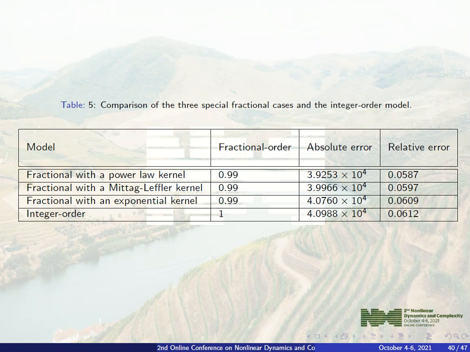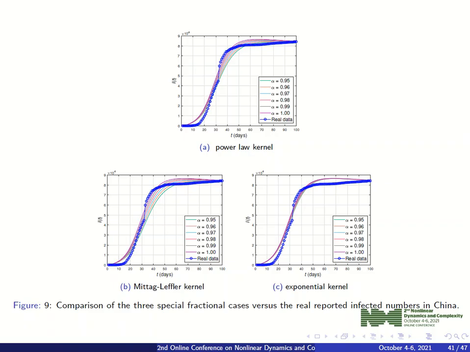Table 5 compares the absolute and relative errors for the integer order model 12 and the three particular cases of fractional formula 15. This table indicates that the best solution is associated with the power law kernel. Also, you can see the fractional results in all cases are better than the integer order counterpart.